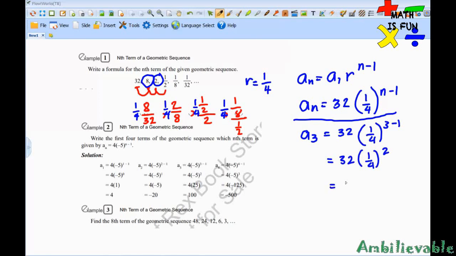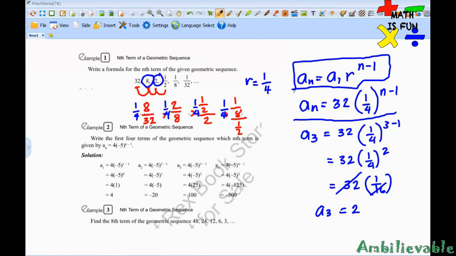So you have to square it first. 1/4 squared is 1 over 16. So 32 times 1 over 16, 32 divided by 16, which you will get 2. That's why the third number is 2, right? So it's easy. I think this is easier than the formula that we had in the previous one, right?